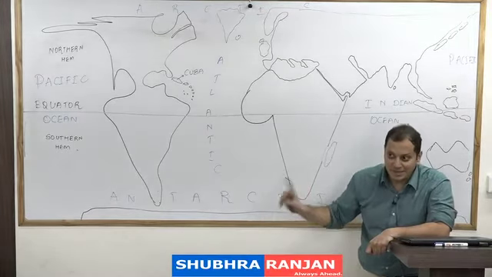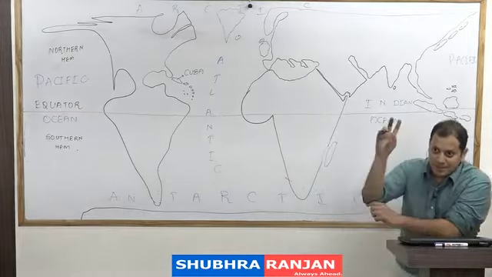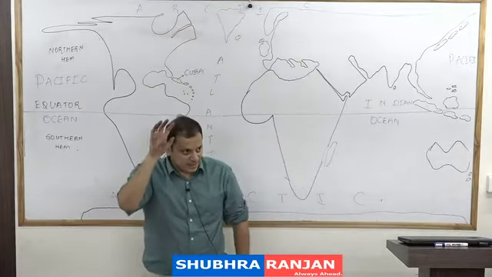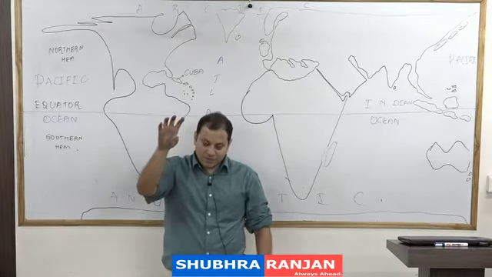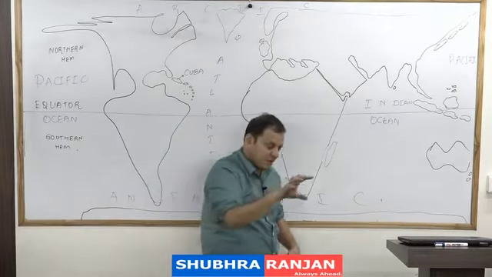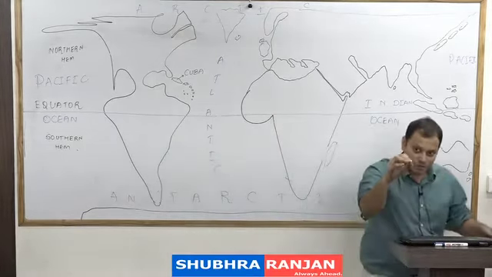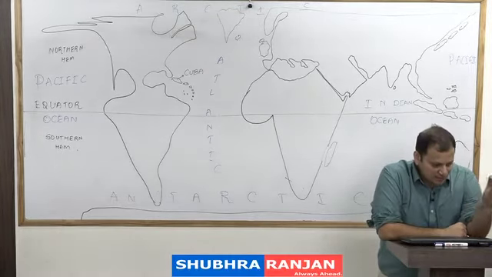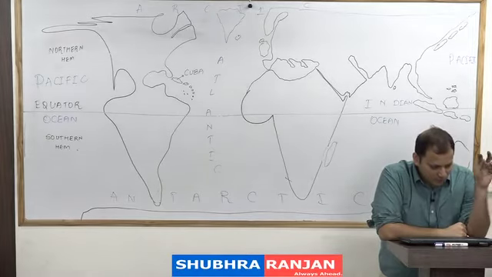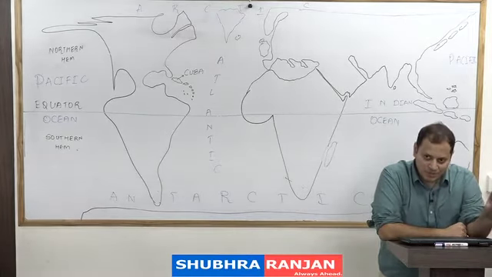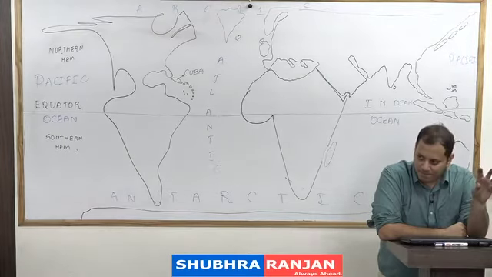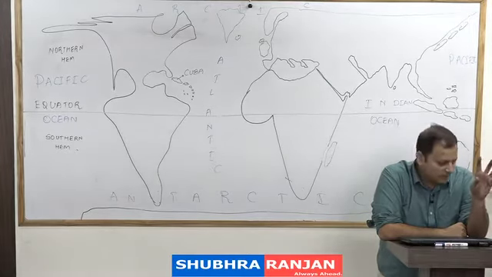This is the second point you will be remembering. The northern hemisphere is dominated by land, but the north pole is a water body, and the southern hemisphere is dominated by water, but the south pole is a landmass.